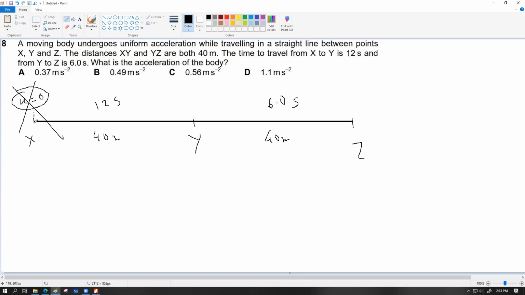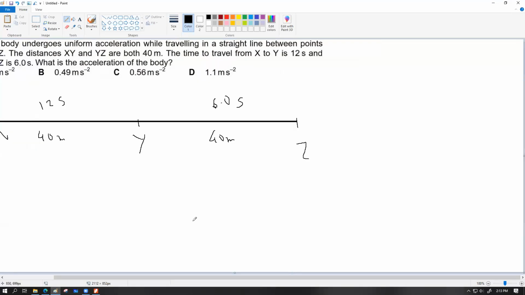the most common response that the students go by for this problem is they try to apply the third formula, which is s equals ut plus half at square. This is the basic formula by which we are going to solve this problem.